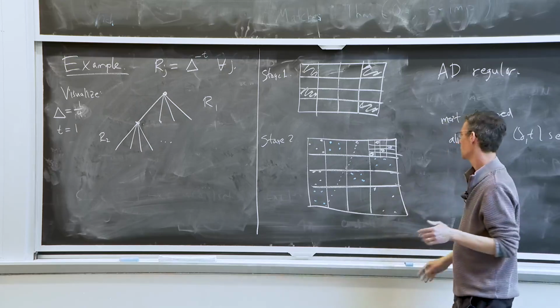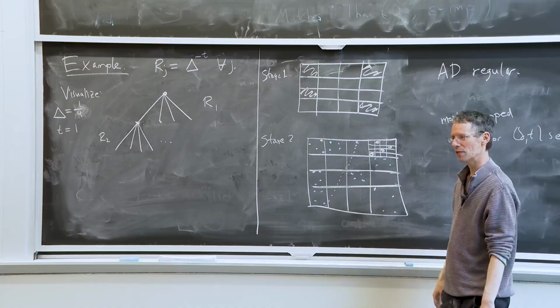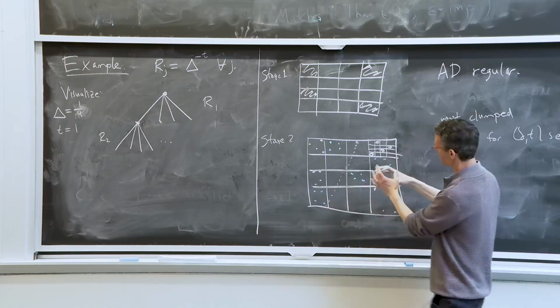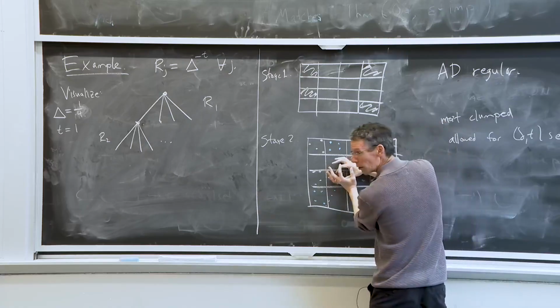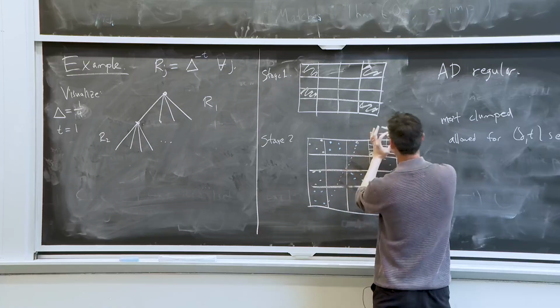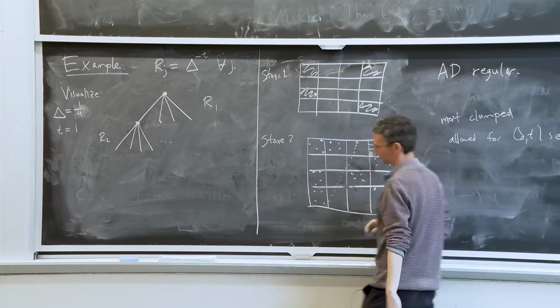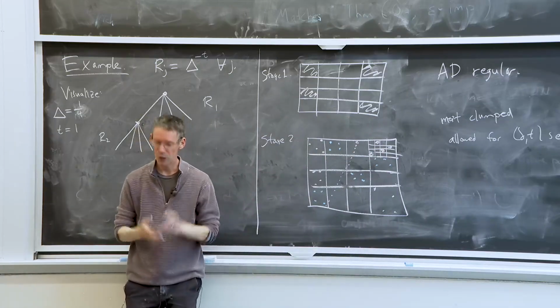So there are some more delicate things that could be different about the different AD regular examples. What's the same about them is that you give me your favorite radius, you stick down a ball of that radius and count how many points are in there. That will be the same for any AD regular set. But there are delicate things.